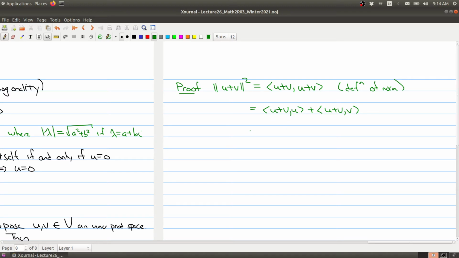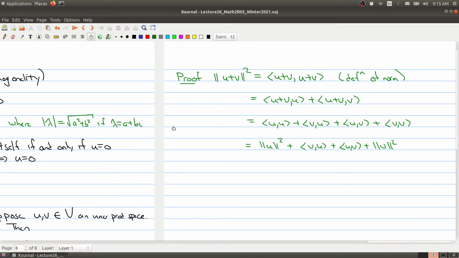And then let's do it again. So this is equal to the inner product of u with itself plus the inner product of v and u plus the inner product of u and v plus the inner product of v and v. And the first and last terms are equal to the norm of u squared and the norm of v squared.